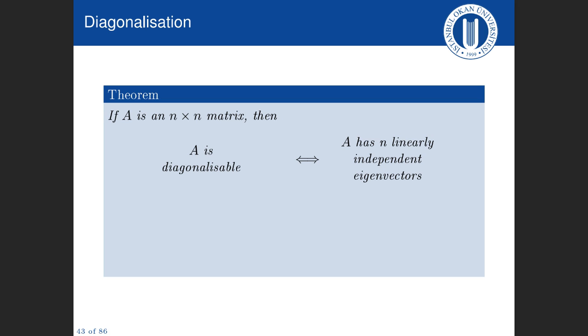And there's sometimes a shortcut to find if A has n linearly independent eigenvectors. If A has n distinct eigenvalues, then A has n linearly independent eigenvectors, which then implies A is diagonalizable. I'm not going to prove this theorem, but this is a very important one. Make sure that you learn this one.